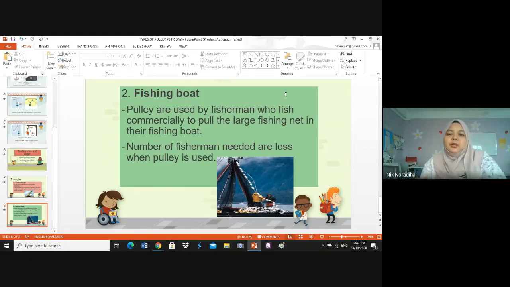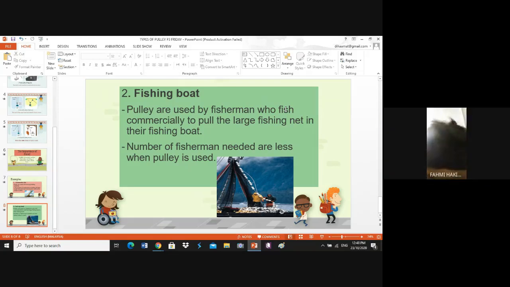Fishing boat. Okay. Pulleys are used by fishermen who fish commercially. The meaning of fish commercially is the fishermen that catch the fish to sell them.